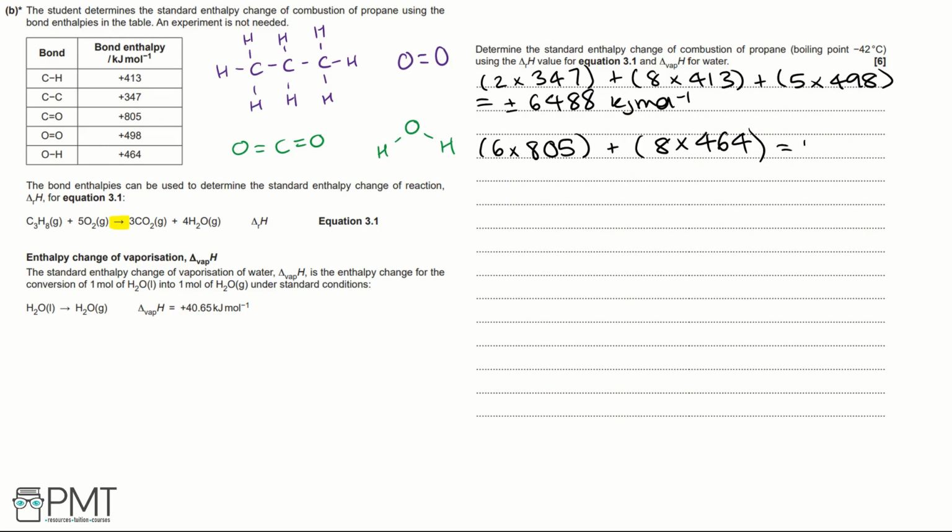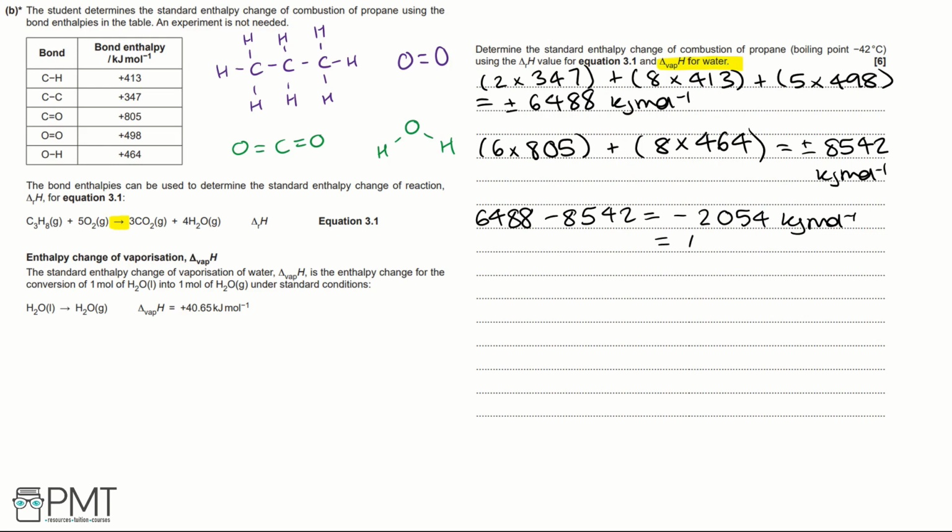And this equals plus 8,542 kilojoules per mole. So remembering that the arrow is the negative sign, we do 6,488 minus 8,542, which equals minus 2,054 kilojoules per mole.